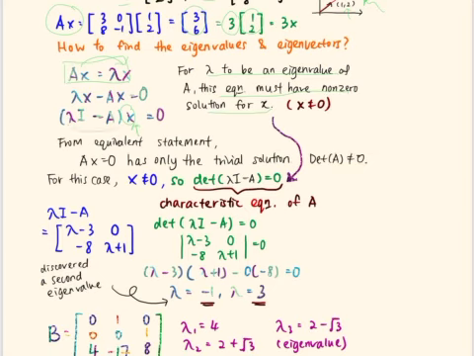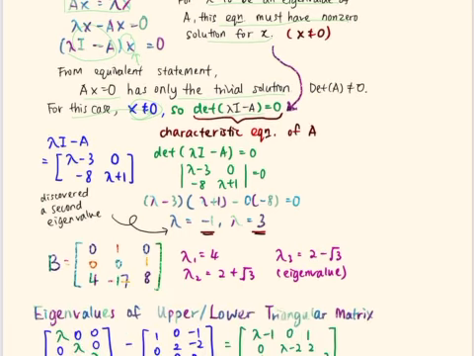From the equivalence statement, the system with only the trivial solution means X would be 0, but here X must not be 0. So the determinant of lambda I minus A must be 0. We call this the characteristic equation of A.